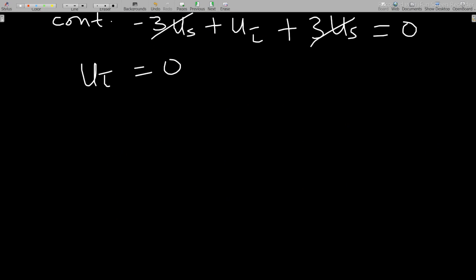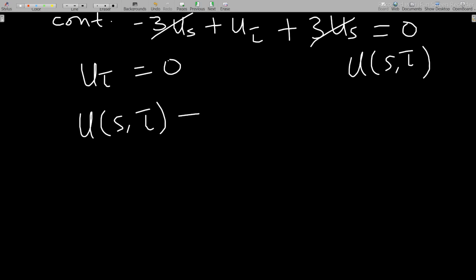Okay, so I have u tau should be equal to 0, but this time u is in terms of s and tau. This u is a function of s and tau, so u of s and tau is now equal to a constant.